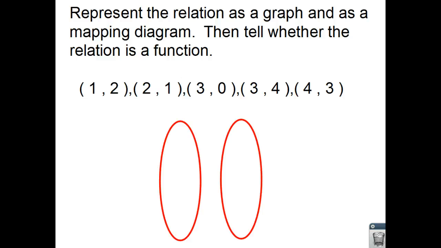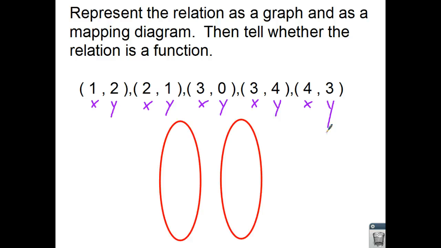Let's use the mapping diagram first. So we have all of our x's. This is an x and a y. And let's list all of them in the mapping diagram. So my x is 1, 2, 3, another 3, and a 4.